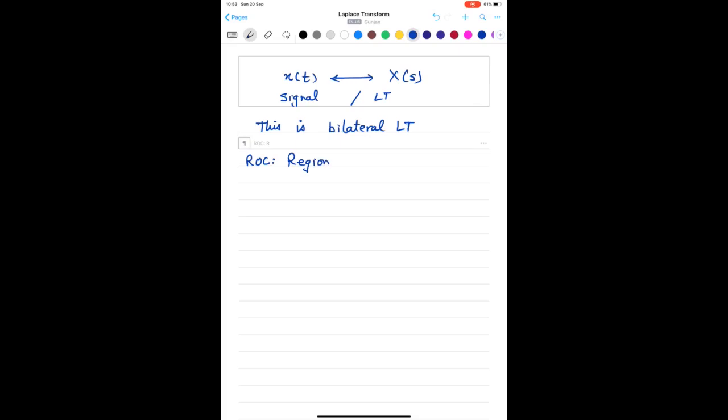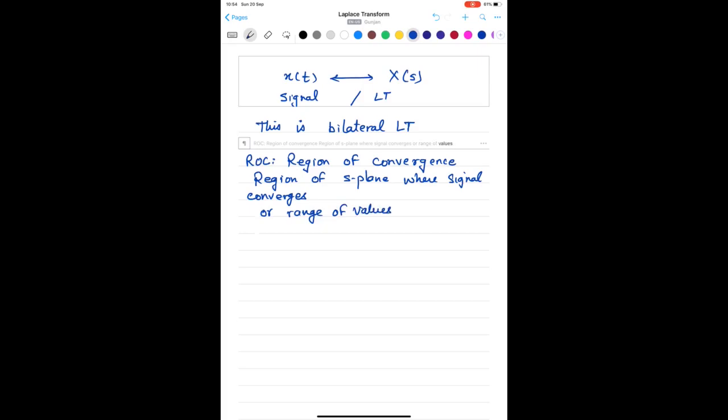It is region of convergence, because there might be a possibility that there are two signals, and when you find their Laplace transform it will be same, but ROC is your region of S plane where the signal converges, or more precisely its range of values of S for which the Laplace transform exists.